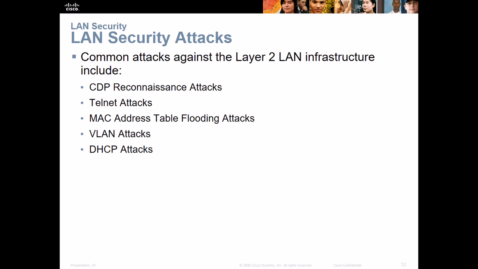CDP reconnaissance attack: the Cisco Discovery Protocol is enabled by default on Cisco devices, the switches and the routers. You can send information to your neighbors, and your neighbor will send you information about the IP address, the interface, and what type of router or switch is directly connected to you.